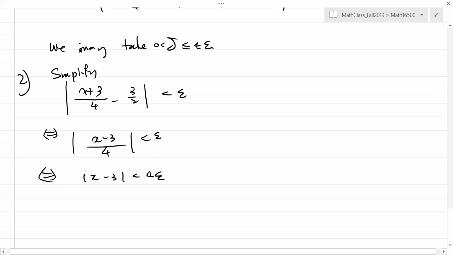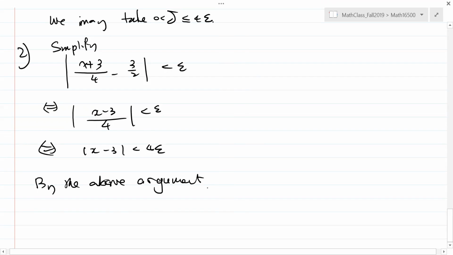So the above inequality is equivalent to this simple inequality. Okay, so by the above argument, we have the following: absolute value of x minus 3 less than delta.